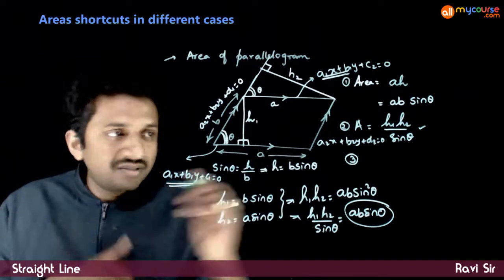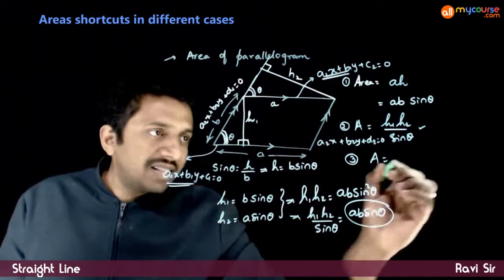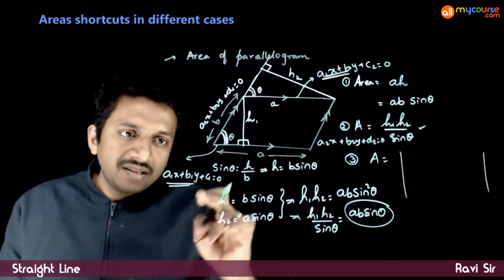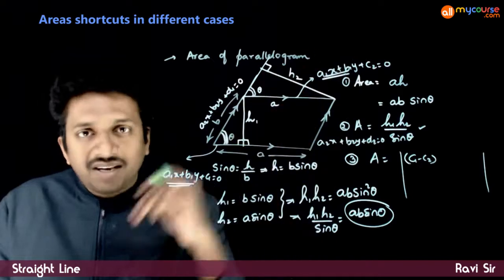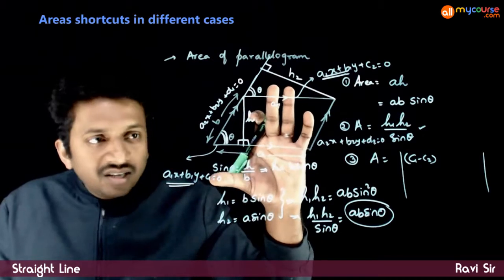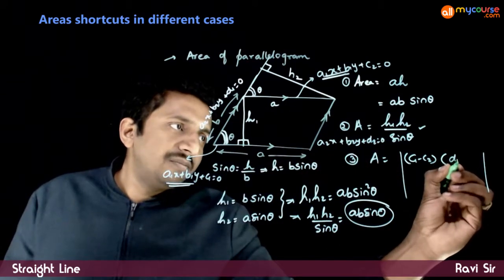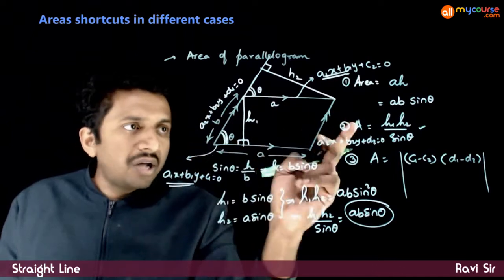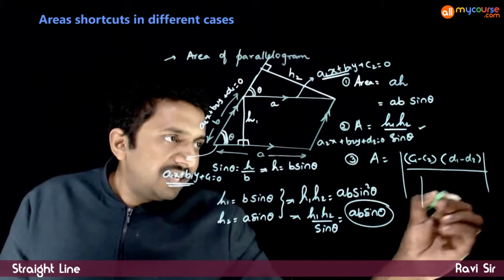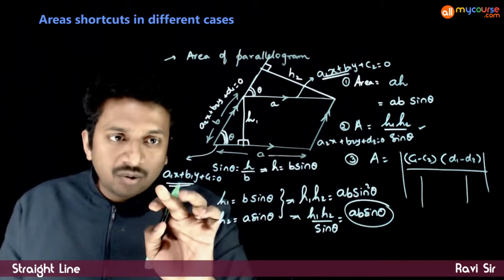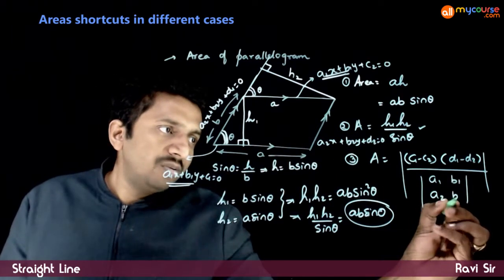So the shortcut to do this: the area of the parallelogram whose four sides are given is nothing but modulus of c1 minus c2, the difference of constants in the first two parallel sides, into d1 minus d2, the difference in the constants of the next two parallel lines, divided by the determinant of the coefficients a1 b1 here and a2 b2 here.